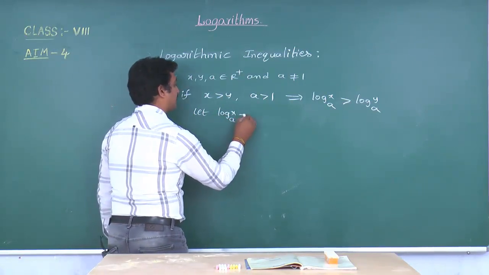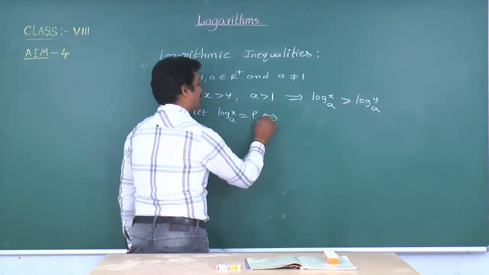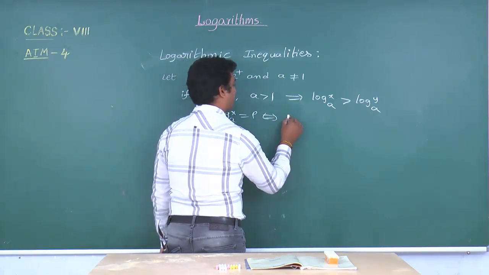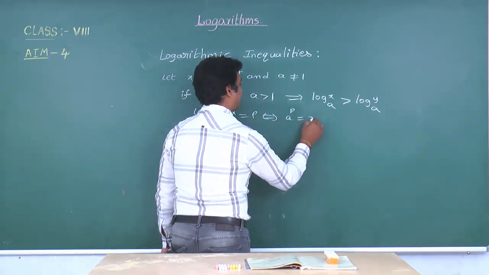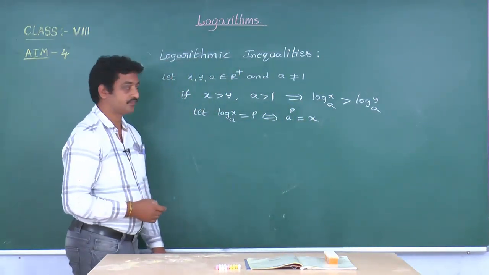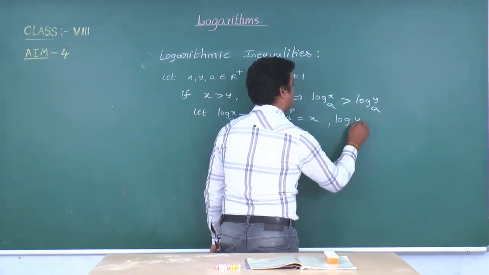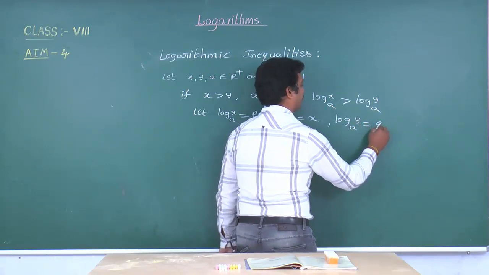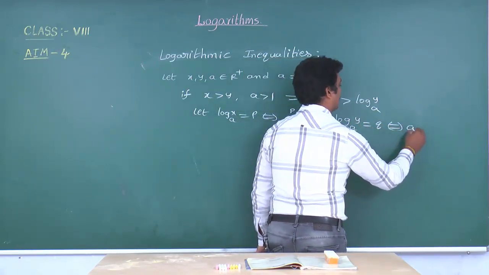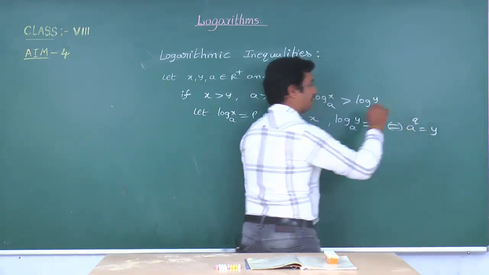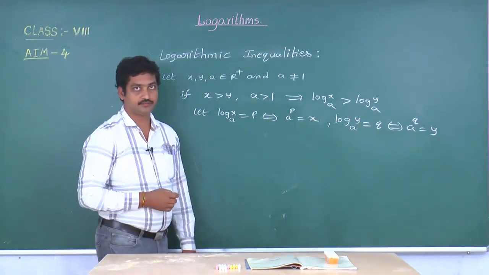In exponential form, a power p is equal to x. Similarly, log y to the base a is equal to q, that implies that a power q is equal to y.